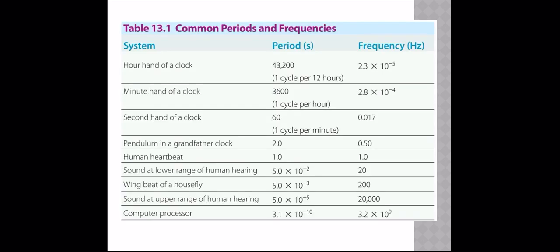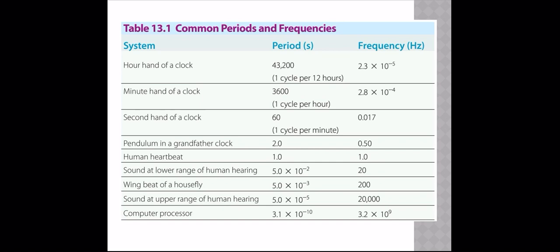So here are some different items that are of note. Like the hour hand on a clock. Its period means how long it takes to complete a full circle, a full lap around the clock. That period would be 43,200 seconds, completing one cycle every 12 hours, in other words. But its frequency is a really, really low number.